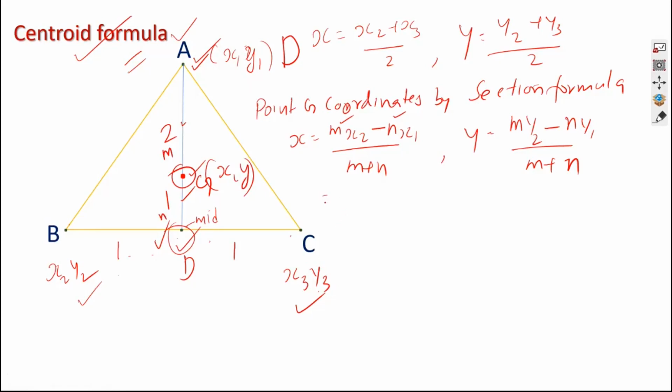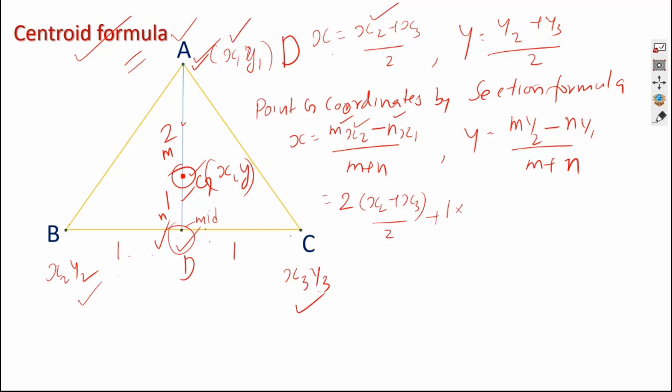In that case, we will write 2 into the point in the case of x2, we are having this one here, that is x2 plus x3 upon 2, plus 1 into x1, that is this one.